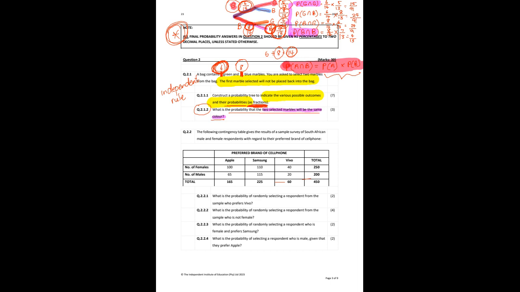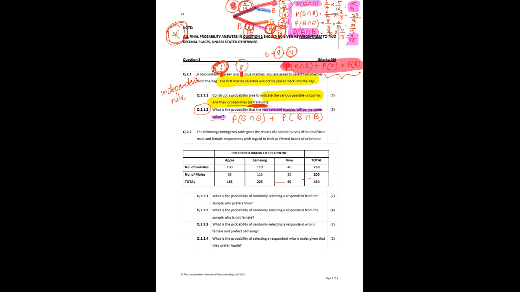And all you're going to do is write that out and add them. So it's the probability of green and green plus the probability of blue and blue. The probability of green and green is 15 over 91. The probability of blue and blue is 4 over 13.